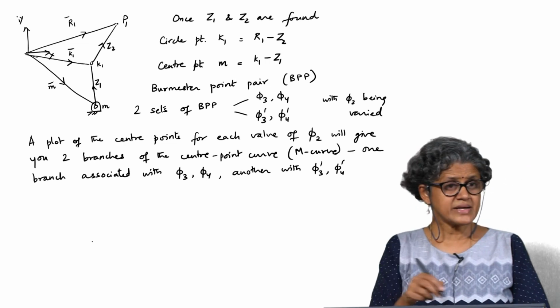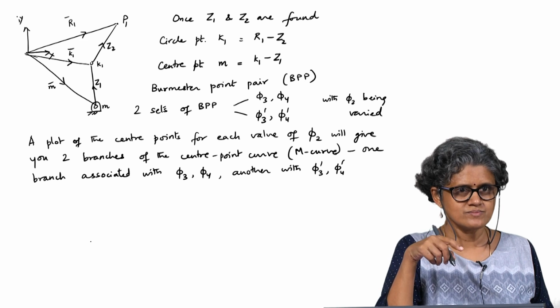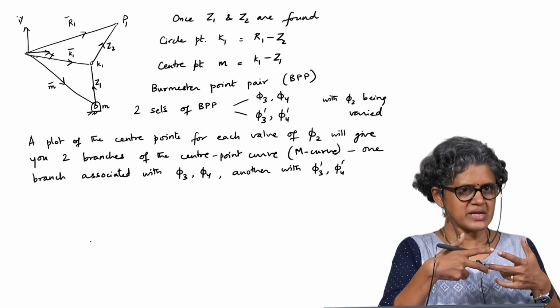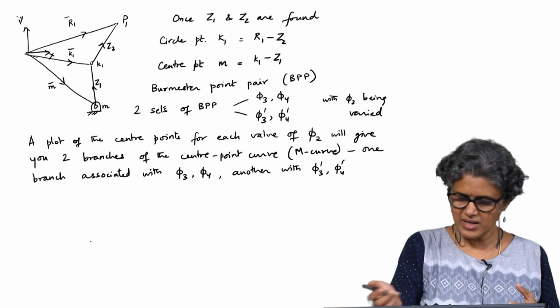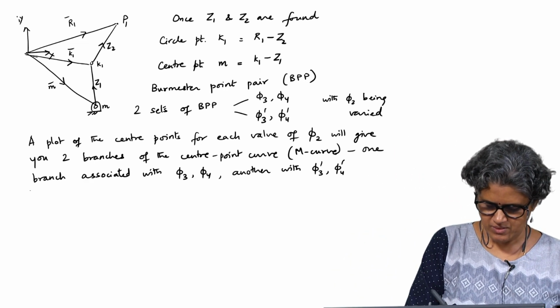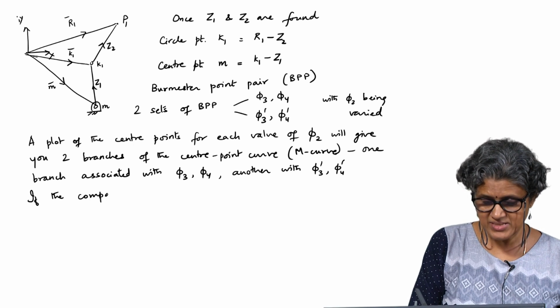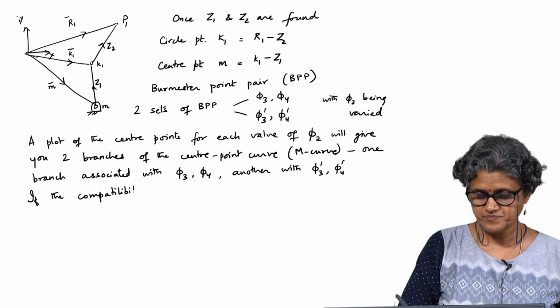So, if the compatibility linkage allows complete rotation of the delta 2, then the two branches will meet, and I will show you that. Do not confuse the compatibility linkage with the linkage that you are trying to design.